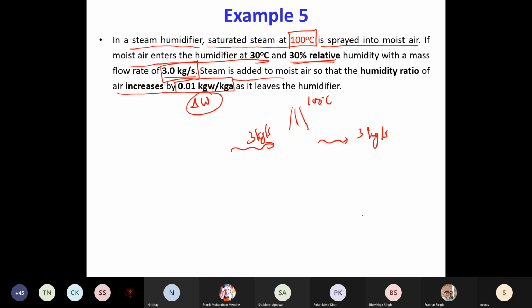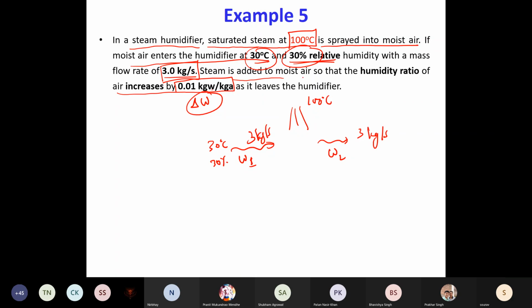The amount of dry air flow rate would still remain as 3 kg per second, but omega is given. So omega 1 can be found from the given condition, 30% and 30 degree dry bulb temperature. So omega 1 is known. Omega 2 is indirectly given.